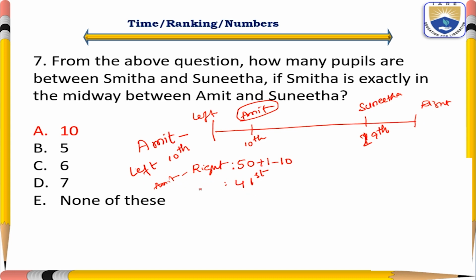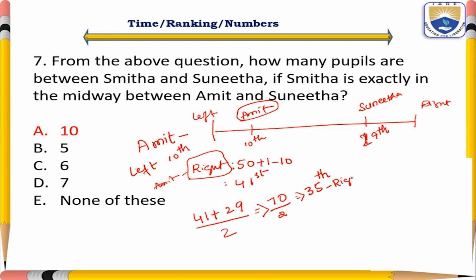Now the average of these two, that is 41 plus 29 divided by 2, that is 70 divided by 2, that is 35th position. Since we took the average of the right side values, it is the 35th position from the right.